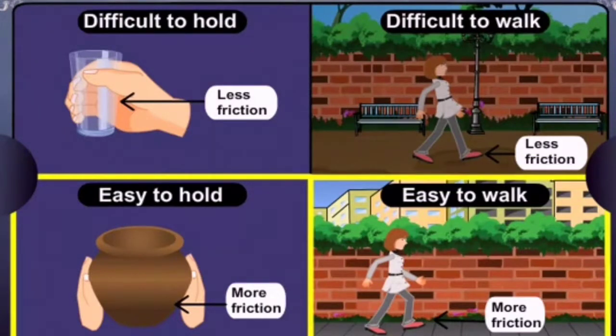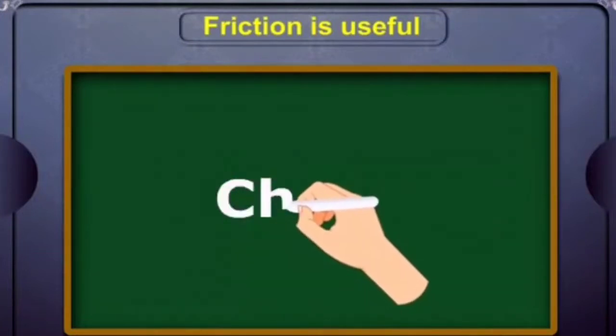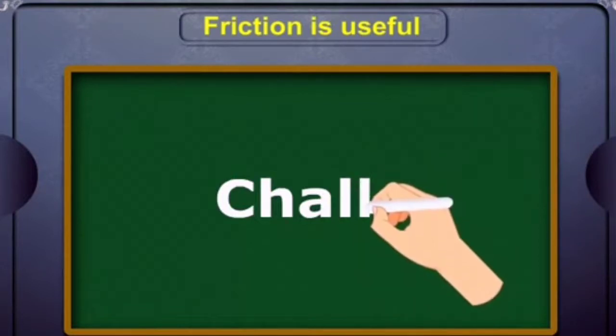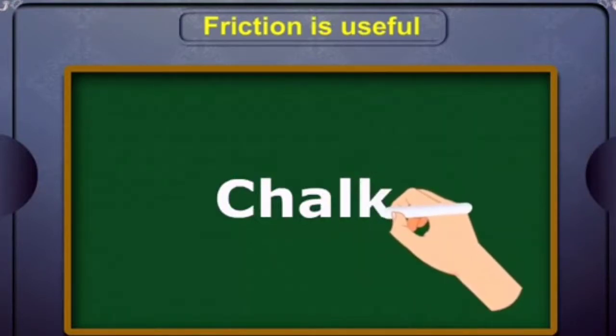Now, let us recall some more situations where friction is useful. A teacher is able to write with the chalk on the blackboard only due to the friction between the chalk and the board.